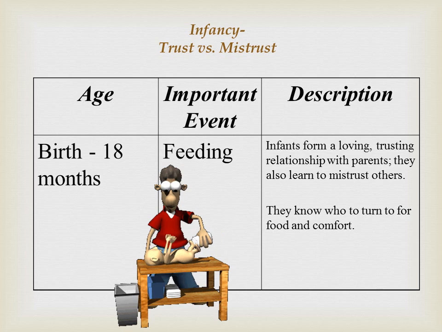They also learn mistrust if the parents are not providing the care, the attachment, the hugging, the food that they need. They know who to turn to for food and comfort, and if the parent isn't providing it, they're not going to gain a sense of trust. So the first stage is really important in terms of understanding trust versus mistrust.